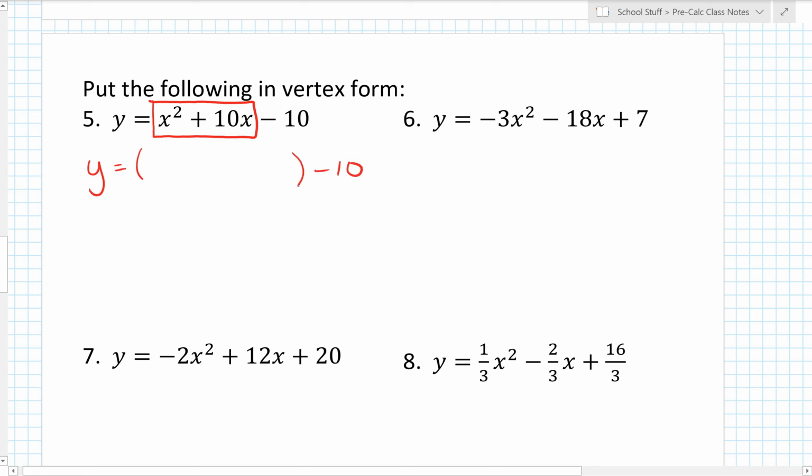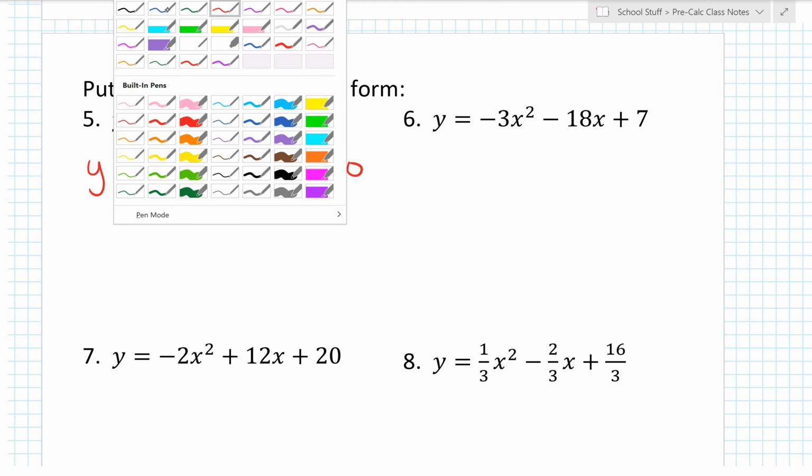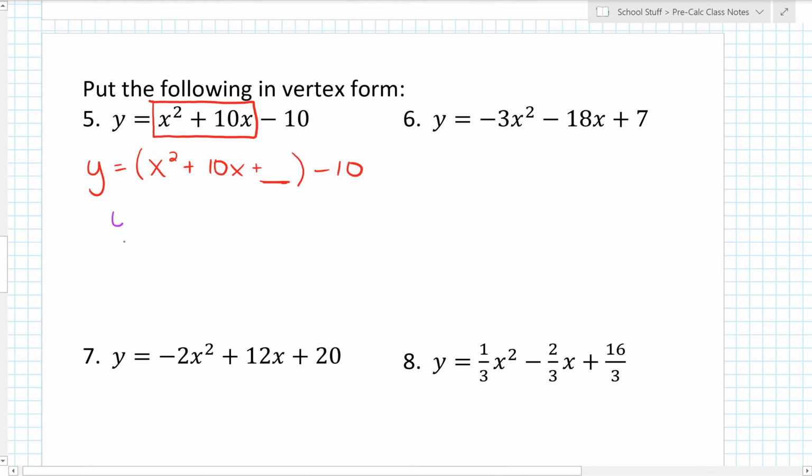I'm going to work on this stuff in here. So we have x squared plus 10x, and then we're going to look for that something that goes there. So when I complete the square, I take, just like we've been doing, square root, half of that, and then square it. So what I'm doing is I just put 25 in.